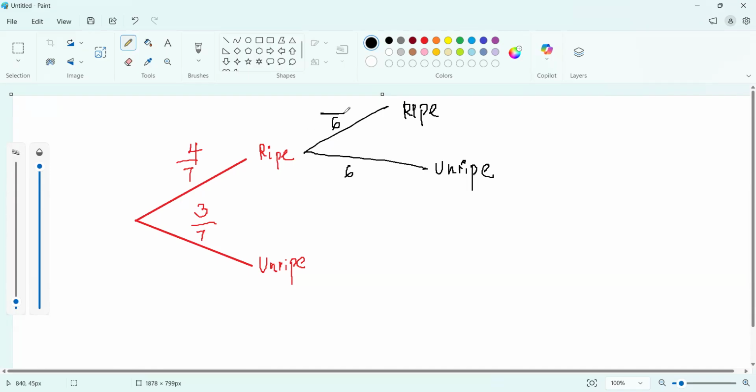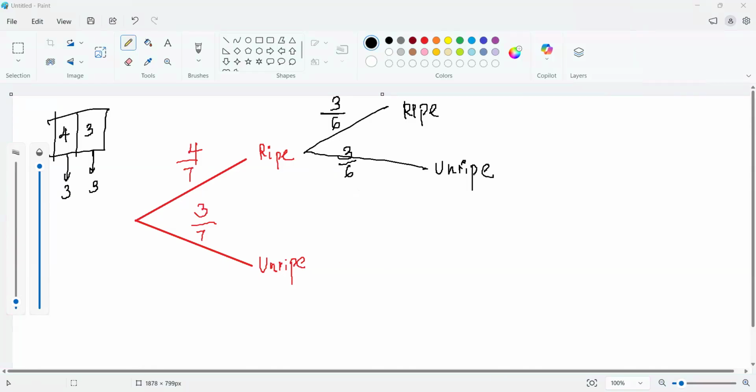In the beginning they are having 4 ripe and 3 unripe. First time if I take a ripe one, they are having 3 ripe and 3 unripe. Clear? So here should be 3 and here another 3. 3 out of 6 and 3 out of 6. Is that clear?